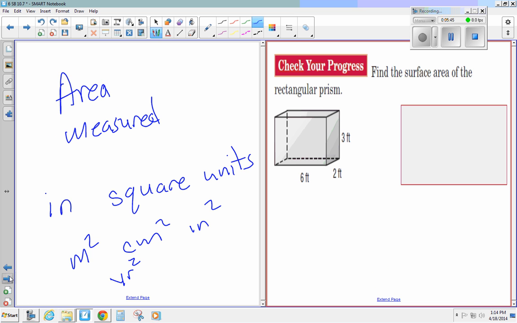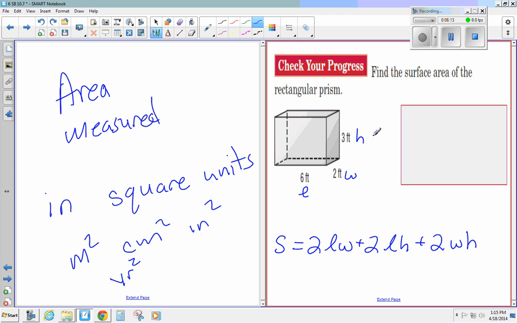Now let's take a look at this one. Find the surface area of the rectangular prism. Well, this is length, width, height. The surface area formula is twice LW plus twice LH plus twice WH.